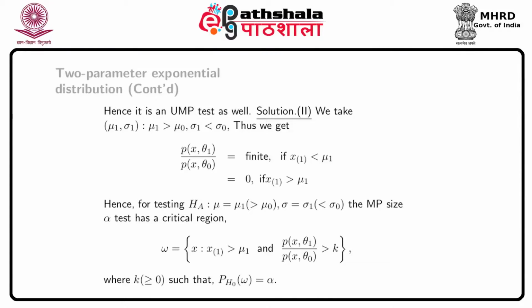Hence, for testing HA that mu is equal to mu 1 greater than mu naught and sigma is equal to sigma 1 less than sigma naught, the most powerful size alpha test has a critical region omega such that x1 greater than mu 1 and p_x(theta 1) divided by p_x(theta naught) greater than k, where k is non-negative and is such that probability under H naught of omega is equal to alpha.